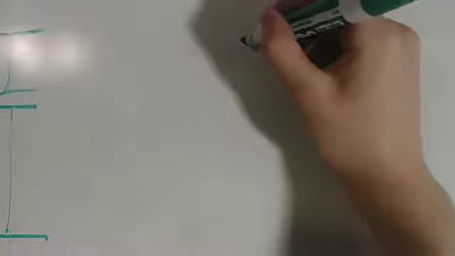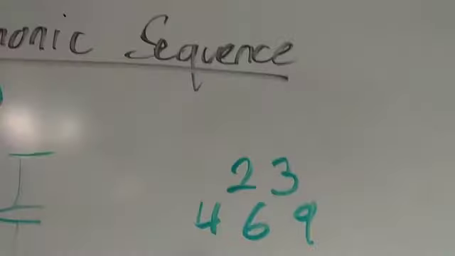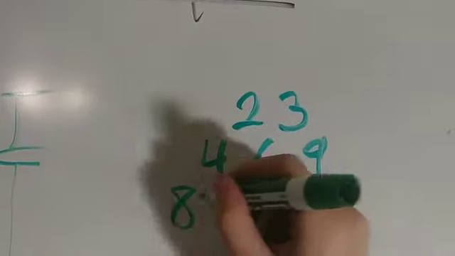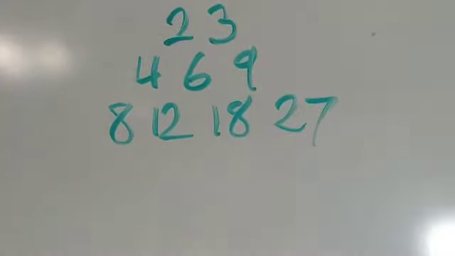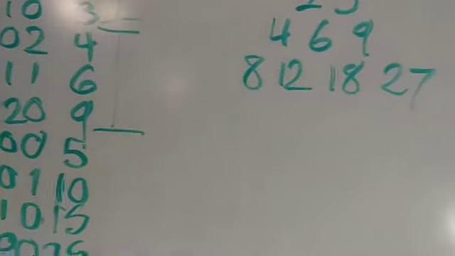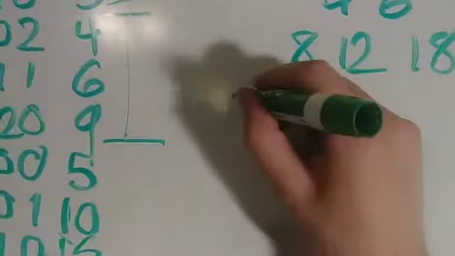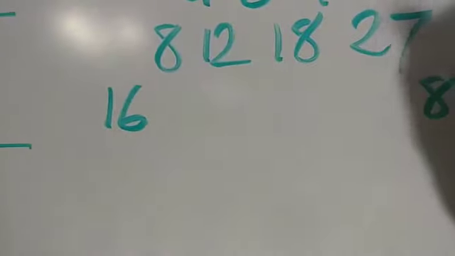So we'll do it like this: 2, 3, 4, 6, 9, 8, 12, 18, 27. And it goes on, 16 there, 81 there.